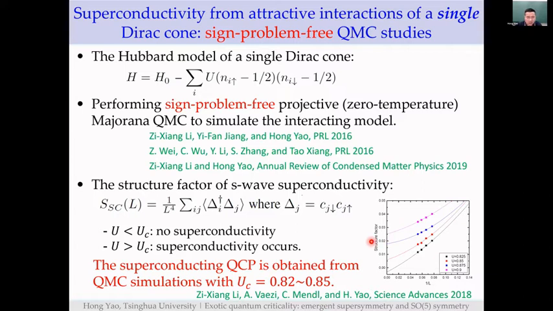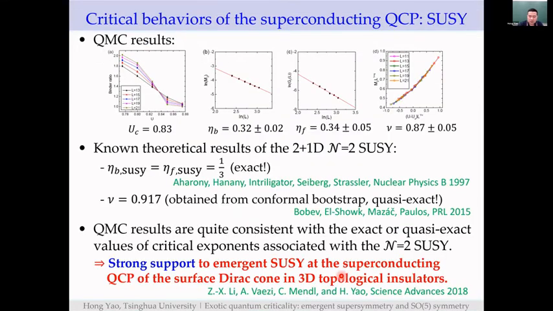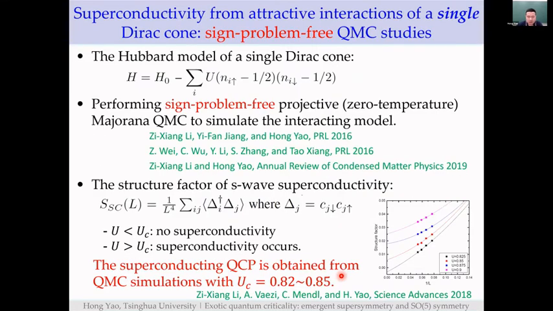When the interaction is less than the critical value of U, there is no superconductivity. When the interaction is larger than U, the superconductivity can occur. From our numerical study, the superconducting quantum critical point is around 0.82 to 0.85. The unit of this critical U is bandwidth. And this tells us that there is indeed a superconducting quantum critical point.